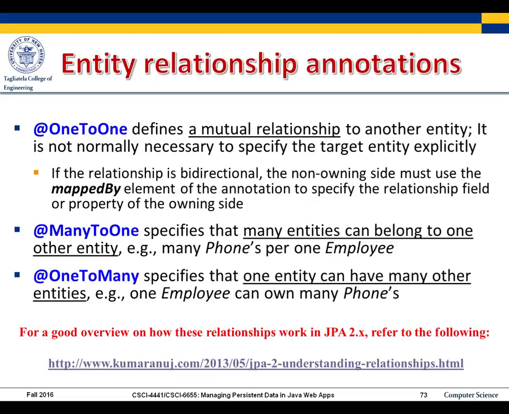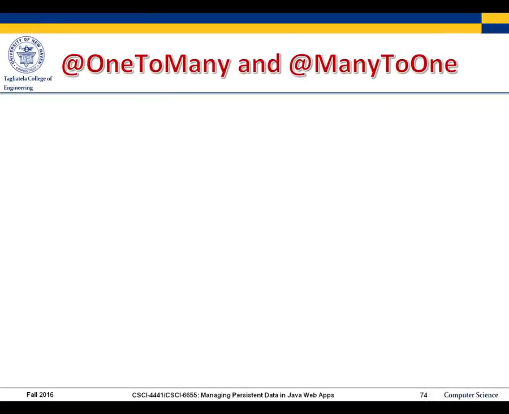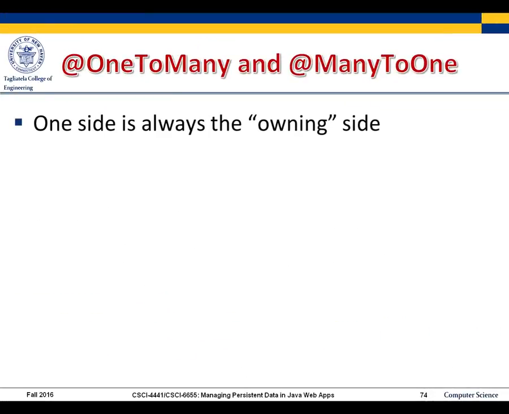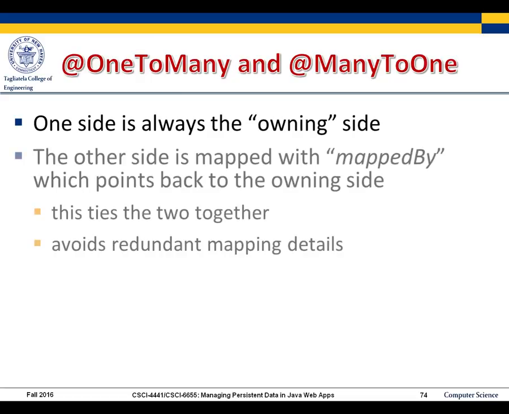One to many would be the other way around, let's say, if you're interested more in this. One employee can own many phones. So in these two situations, with both one to many or many to one, the many side is always the owning side, is the boss. The other side is the one that uses the mapped by to say how they are tied together, okay?